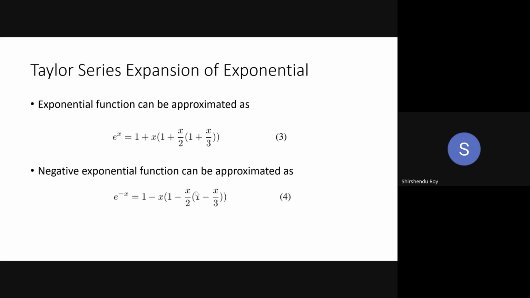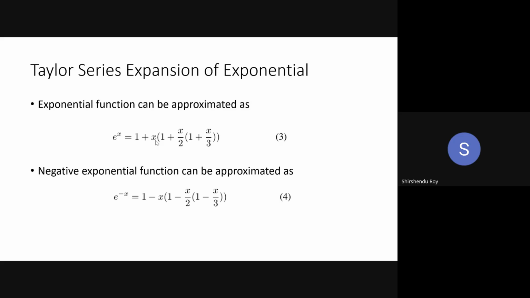It is like a serial computation. First, we compute 1 plus x by 3, then multiply by x by 2, then add 1, then again multiply by x, then again add 1, and we get the final value of e to the power x.